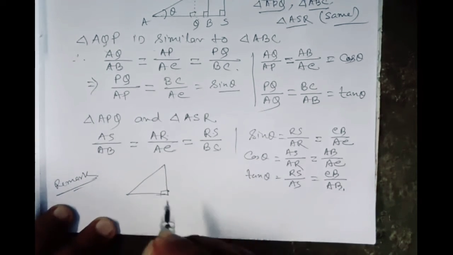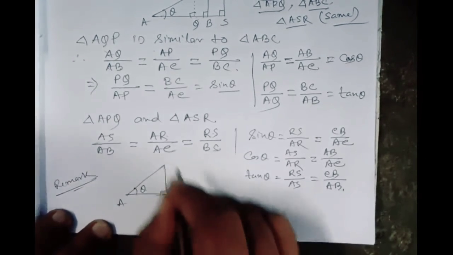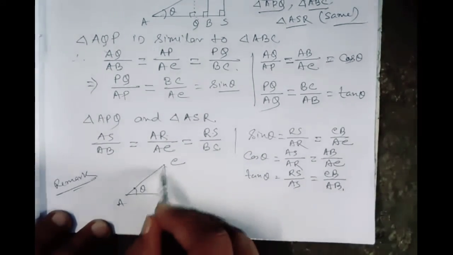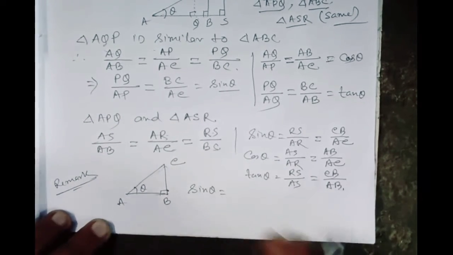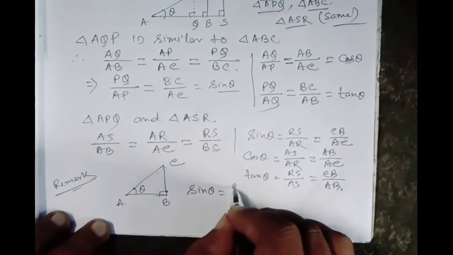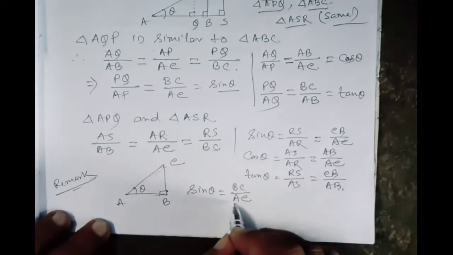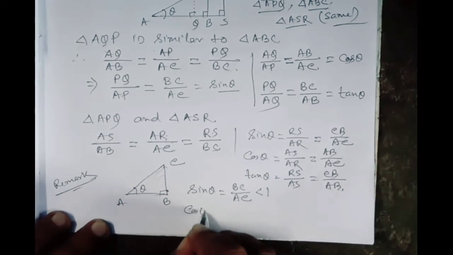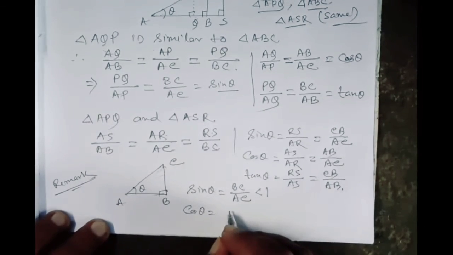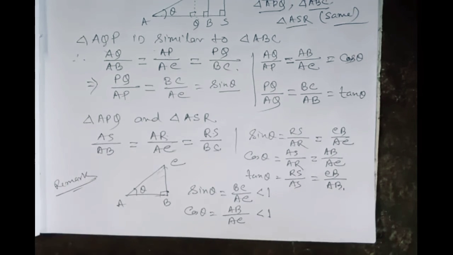So this is the right triangle, this is theta, and this is A, B, C. Since the hypotenuse is the longest side, obviously sin theta is equal to BC by AC, so this value is less than 1. Similarly, cos theta is equal to AB by AC, that is also less than 1. Okay.